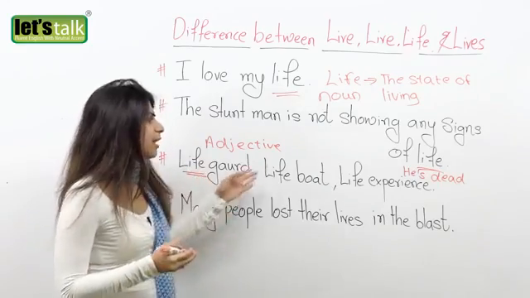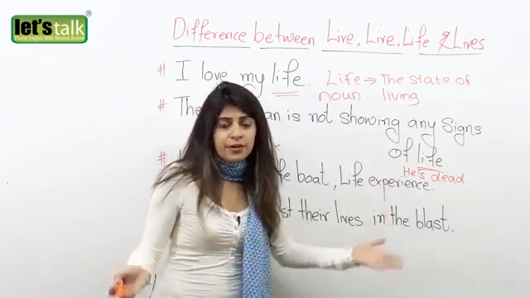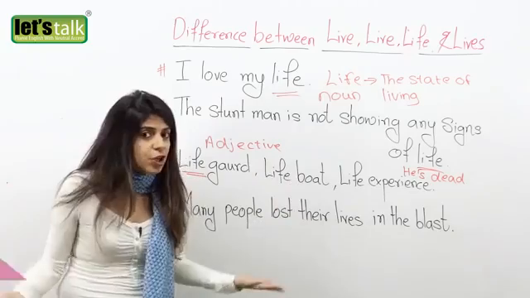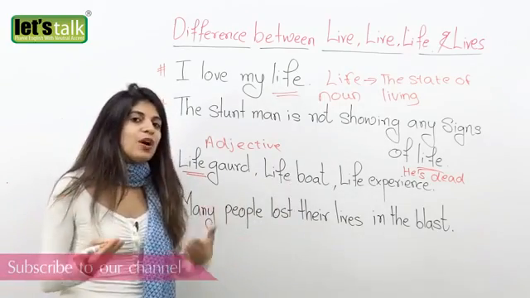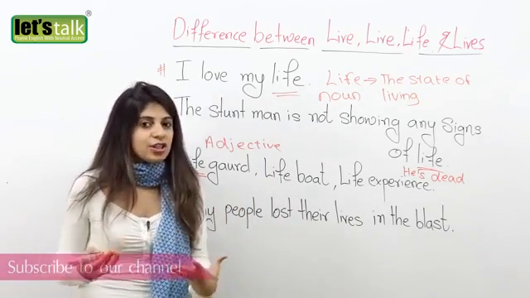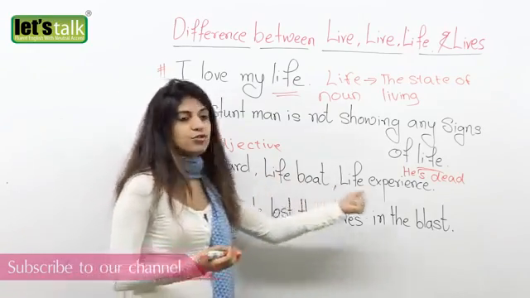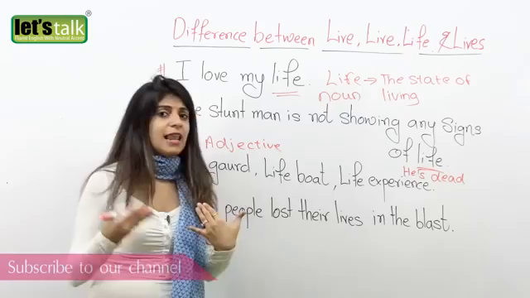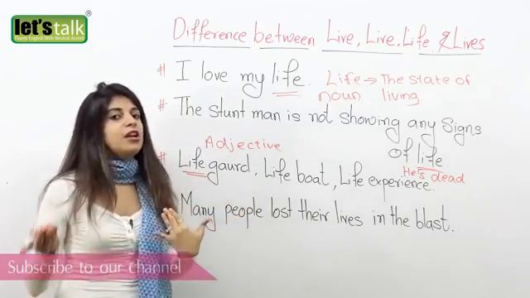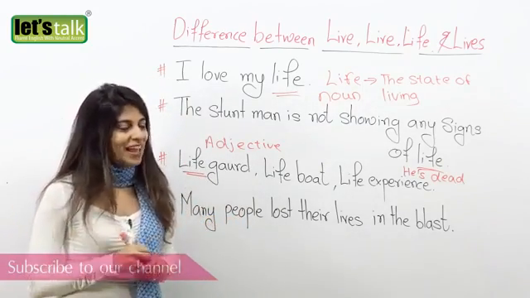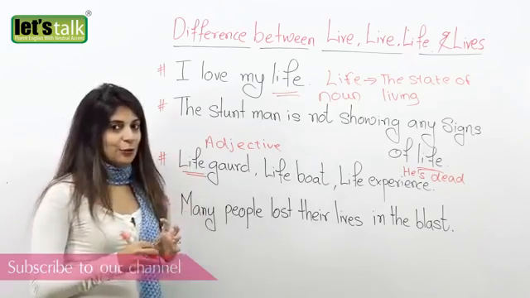So lifeguard, lifeboat, life experience, lifesaver. Here the word life acts as an adjective describing the noun: guard, boat, experience, and as I also said, lifesaver. So saver is the noun. Okay, so I hope this is clear to you.